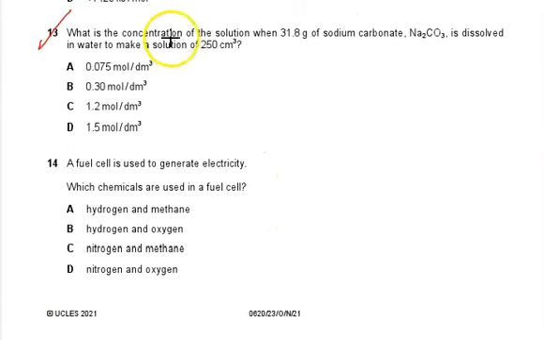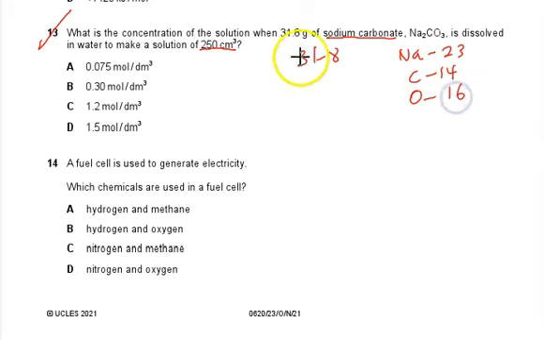Okay, number 13, what is the concentration of solution when 31.8 gram of sodium carbonate is dissolved in water to make a solution of 250 centimeter cube? So we have to convert this. Sodium, the RAM is 23, carbon is 14, oxygen is 16. So we have to take this and divide with the total RMM.